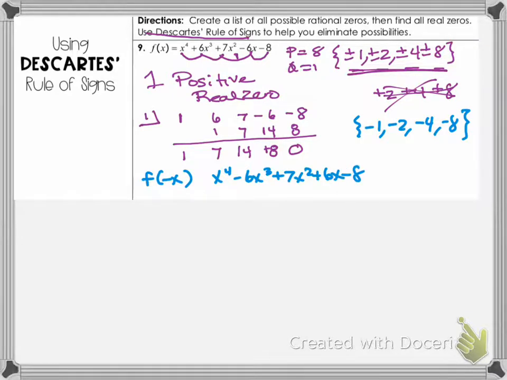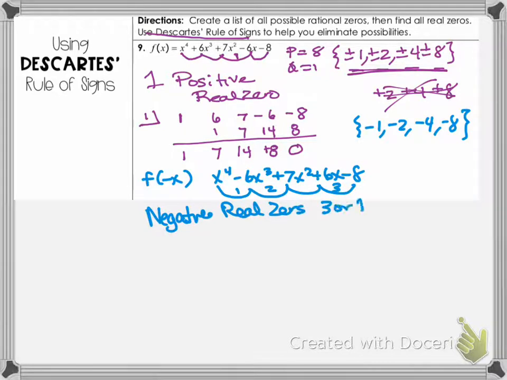So I would have positive to negative, 1, negative to positive, 2, positive, positive, but positive, negative, 3. So for negative real zeros, there's 3 or 1. So out of 4, what if there's 3? It's a pretty good choice, right? We don't know. There could be just one of these that works. So let's try my favorite one again, only this time let's try negative 1.